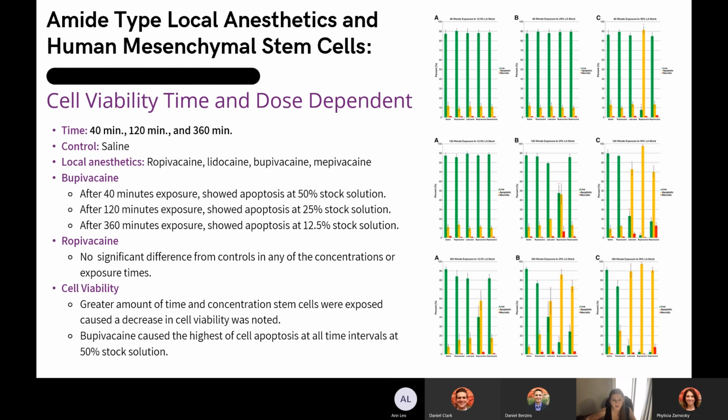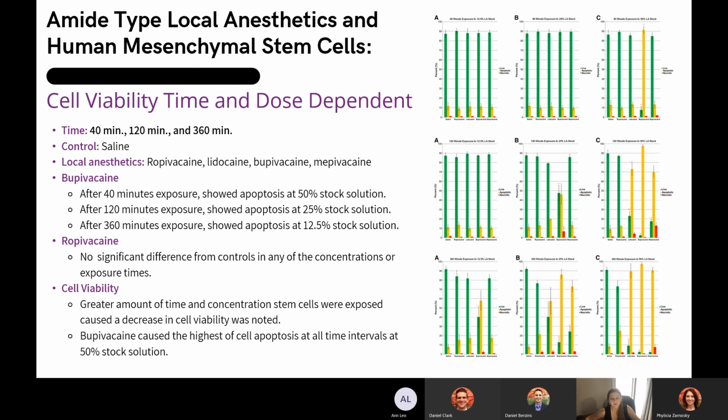You can see a chart here, or more so the graphs here on the right, that show the different times. So you can see by looking at these that local anesthetic toxicity is time dependent as well as dose dependent.